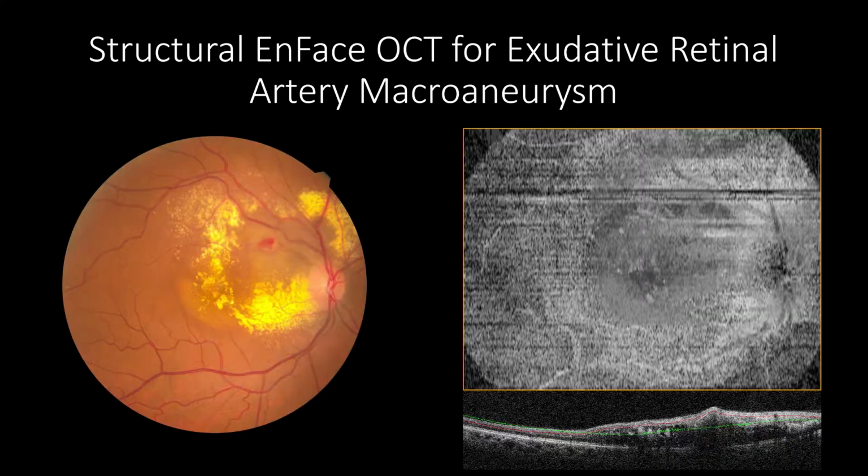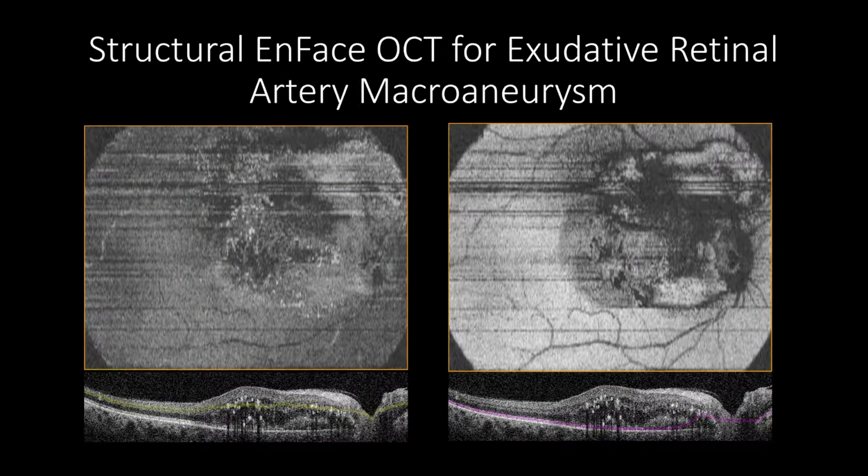In exudative retinal artery microaneurysm, the segmented EnFace slab may show the macroaneurysm in the form of a hyporeflective lesion. The subretinal fluids may appear as hyporeflective pockets, but the reflectivity depends on the subretinal fluid content. The IPL INL slab may show hyperreflective dots corresponding to the area of intraretinal hard exudates clusters, while intraretinal cystic changes will appear as hyporeflective cysts.